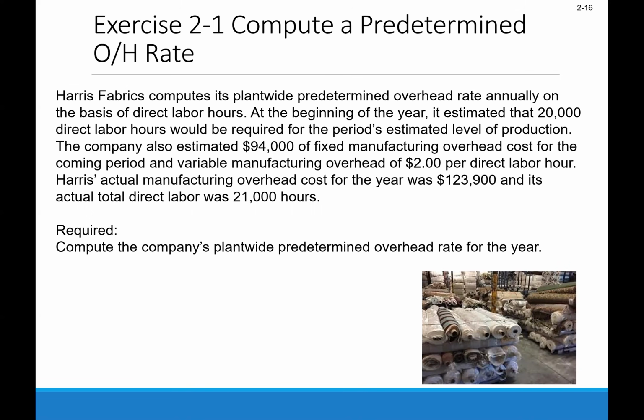So we're going to start with exercise 2.1. Harris Fabrics computes its plant-wide predetermined overhead rate annually on the basis of direct labor hours. At the beginning of the year, it estimated that 20,000 direct labor hours would be required for the period's estimated level of production.